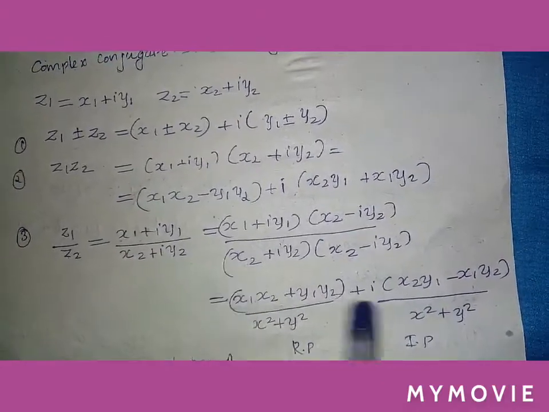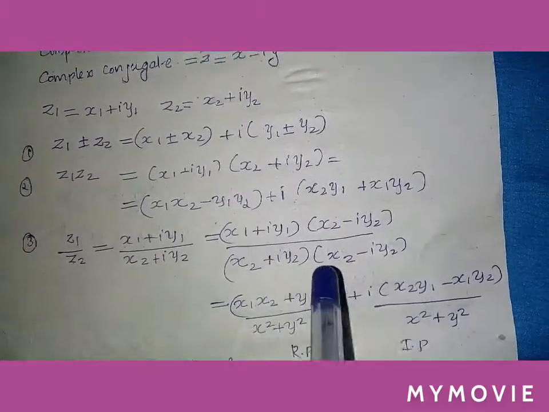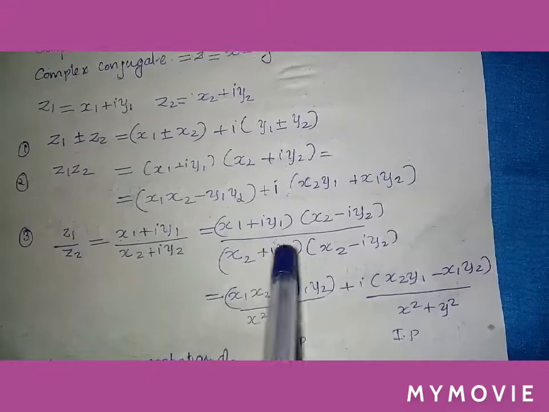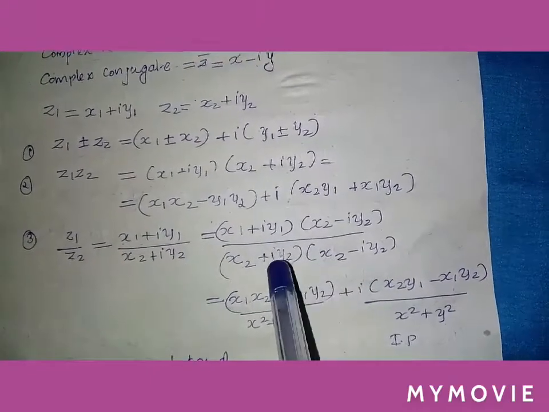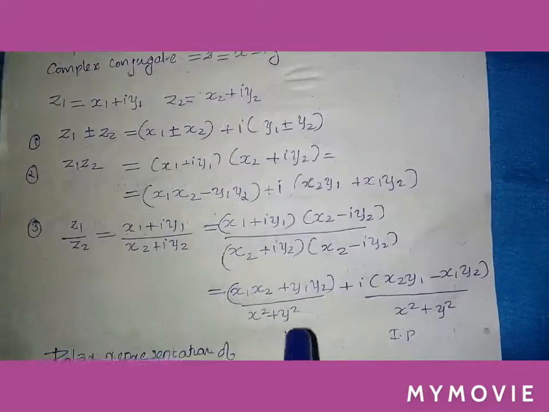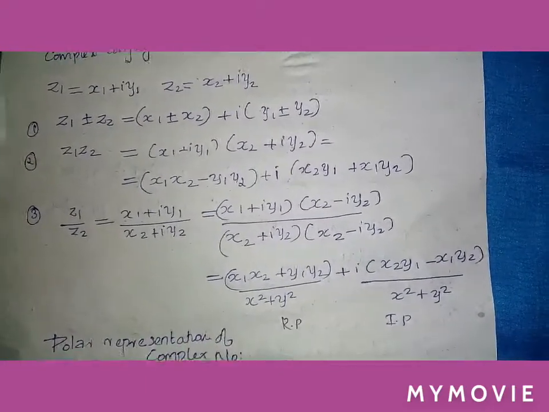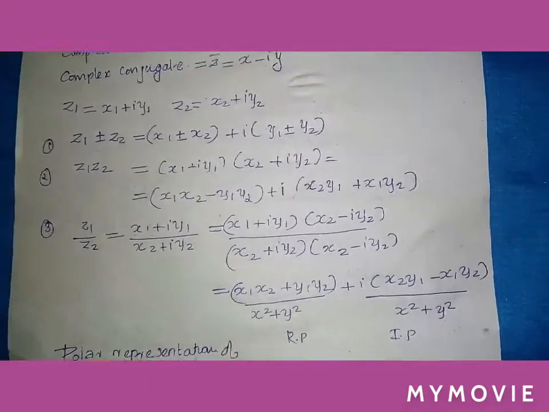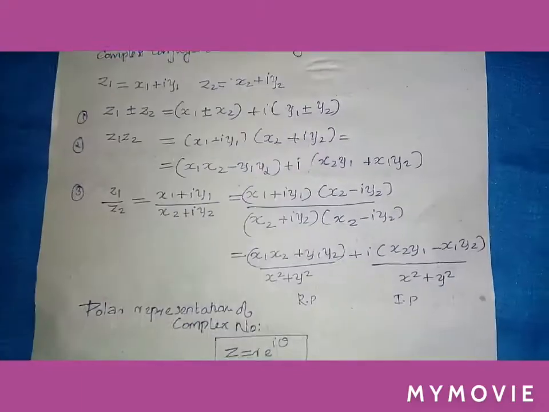So we can get the numerator term. Here also we can do the same thing. Otherwise we can use a plus b into a minus b, that is a square minus b square. So we get the denominator x square plus y square. So here also we get the real part and the imaginary part.